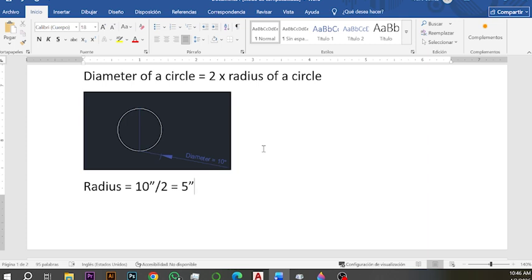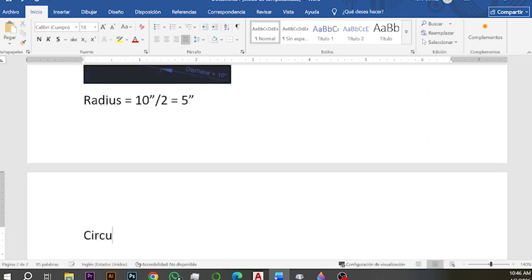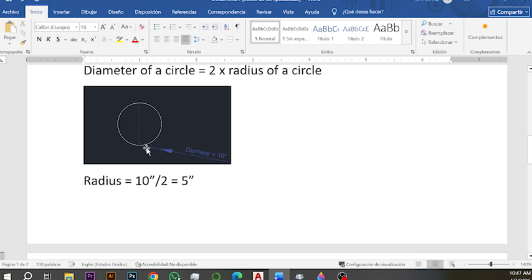So in this case, the circumference is equal to 22 divided by 7 times 2 times 5 inches. And so when we look at that number, it's equal to, roughly, because as I mentioned, pi is an irrational number, 31.4 inches. And so the circumference is basically the length around the circle.